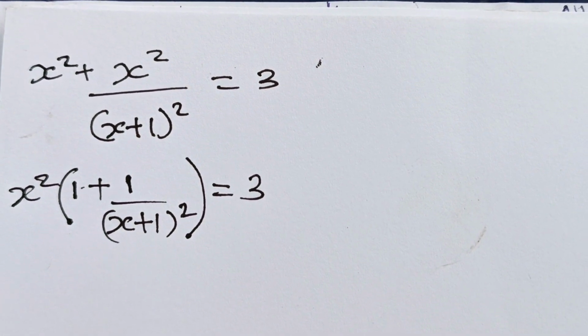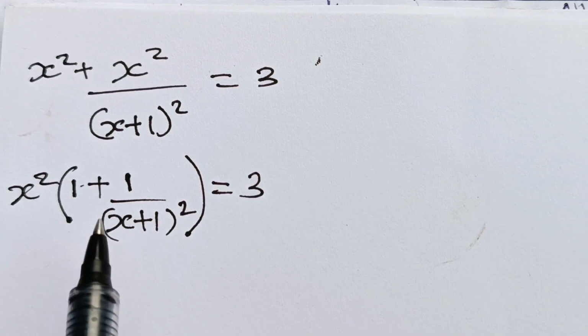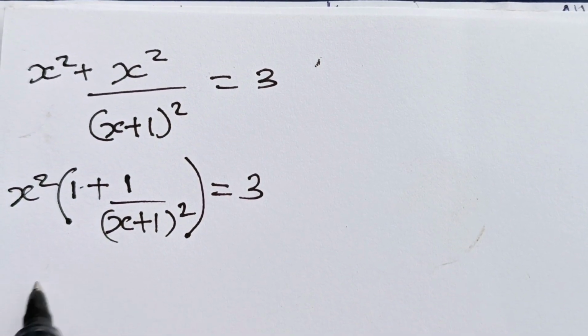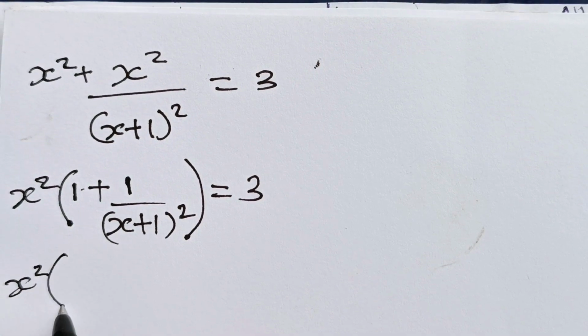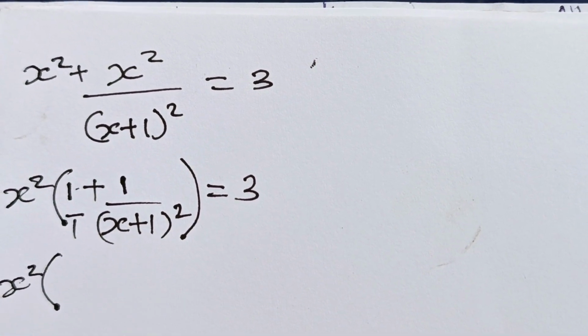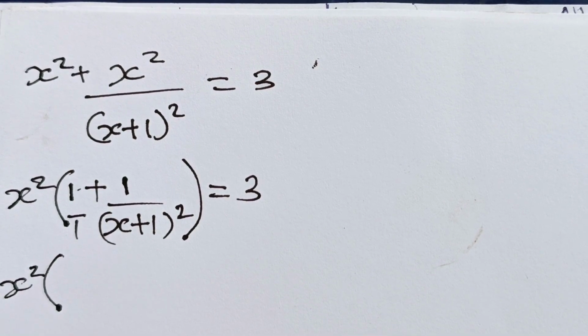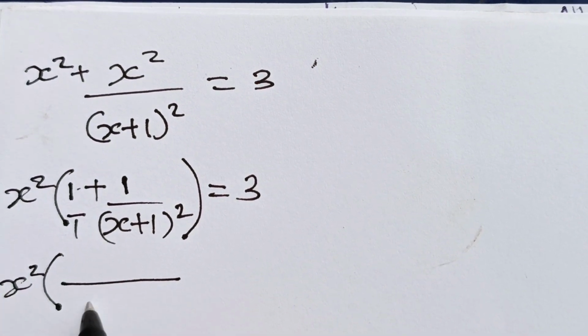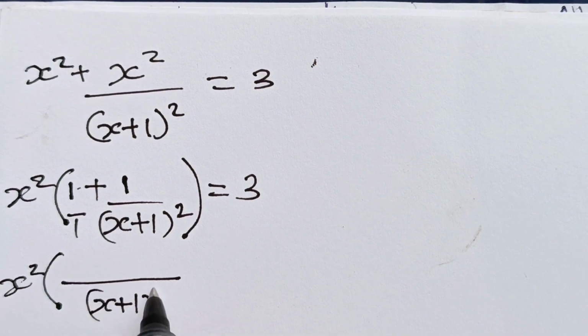Now, before we proceed, because we are going to expand something inside. Okay, let's just continue. Now, we have x to the power of 2 multiplied by, now let's add what we have inside the bracket. The LCM is x plus 1 to the power of 2, right? So we have x plus 1 squared.